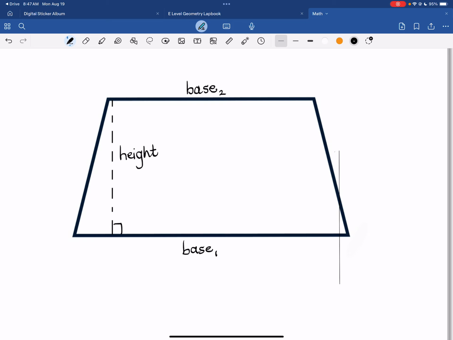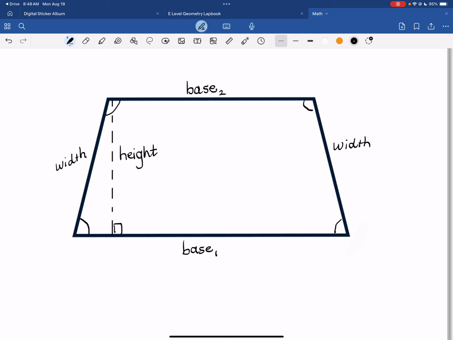This would be the width. This is a width. It could also be called a side. This would be a width as well. 4 sides, 4 angles. None of them are right angles.